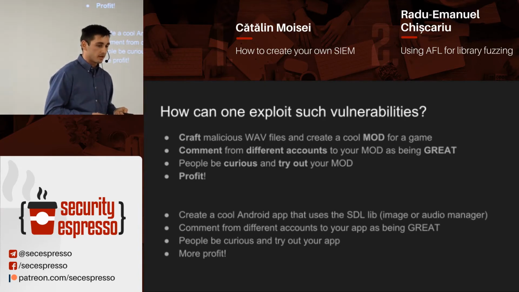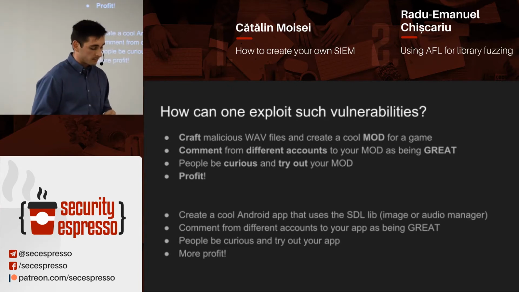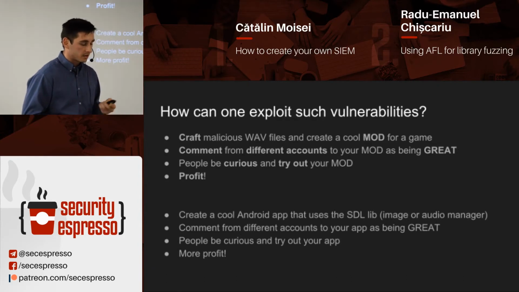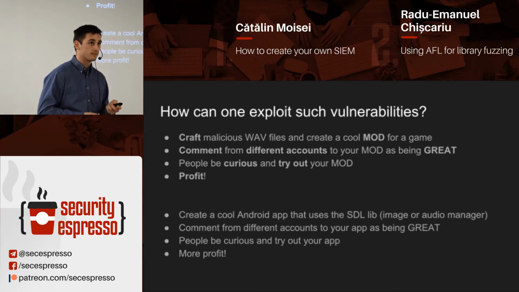You specify a malicious WAV file that uses that. So, hey, check it out, my new mod for my new game. It has amazing sounds and amazing music. Someone will try to download your game and try it out, and when the application actually parses that file, it will go to the vulnerable function, and then the exploit will do its work. That is also true for the second scenario.